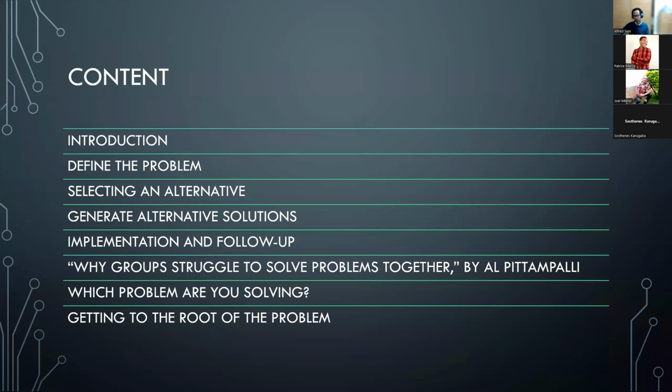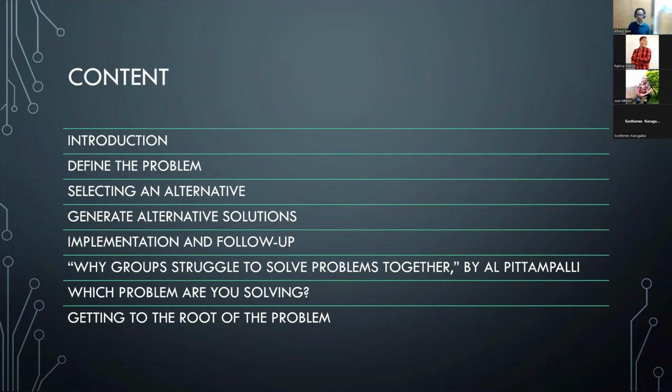We're just going to look at the introduction, what we are trying to achieve through this session, and then we are going to define the problem, and look at different problem-solving tools. We'll be touching about 2 to 3 tools because of the time; we're not going to be able to look at every single tool out there.